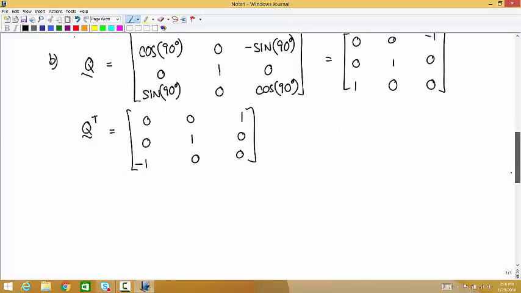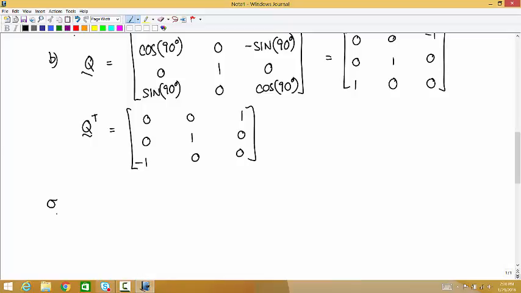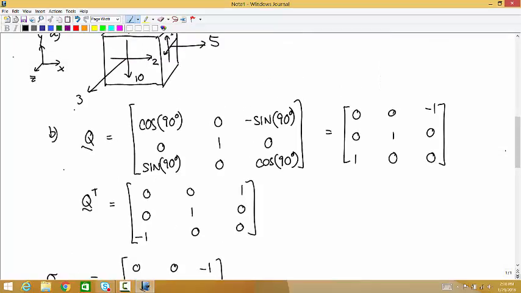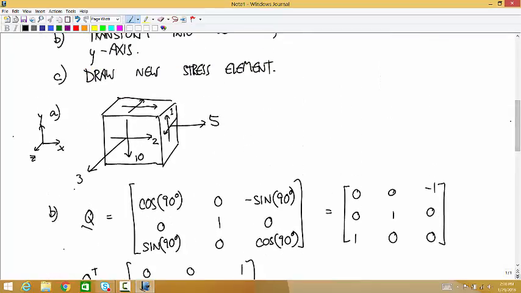And so the stress tensor in the new coordinate system is Q times, where was that original stress tensor?